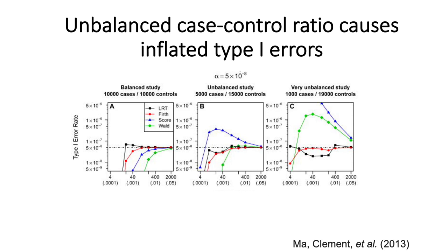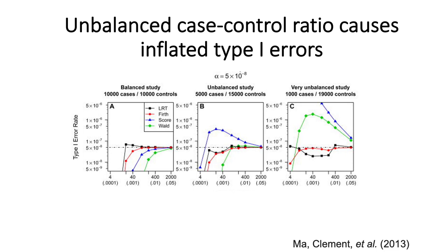Previous studies have shown that unbalanced case control ratios can cause inflated type 1 errors of the score test, which is represented by the blue line in the plot. The y-axis is for type 1 error rates, and the x-axis is for the minor allele frequency of the testing genetic markers. The score test is widely used in GWAS because of its relatively low computation burden.